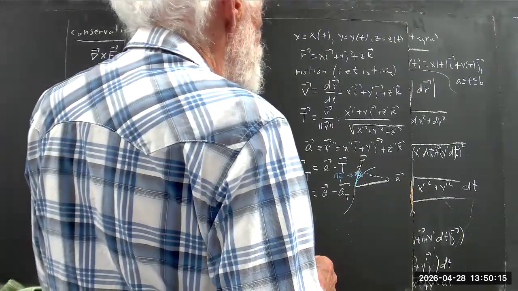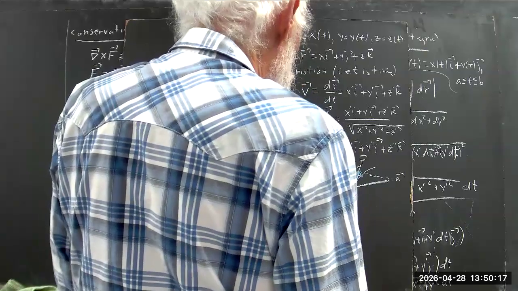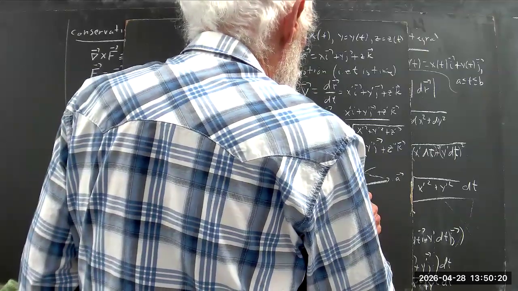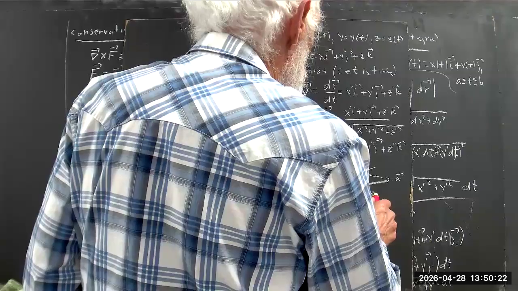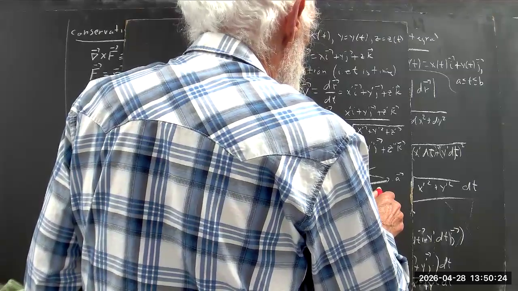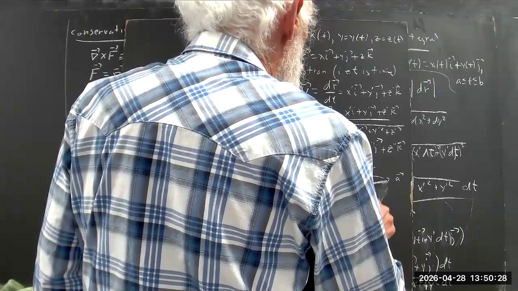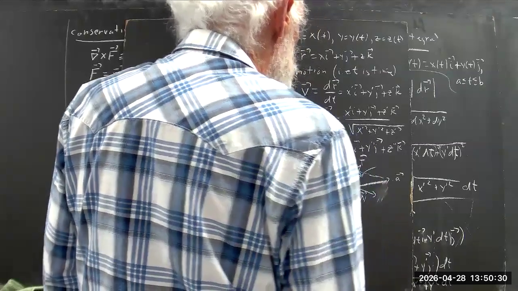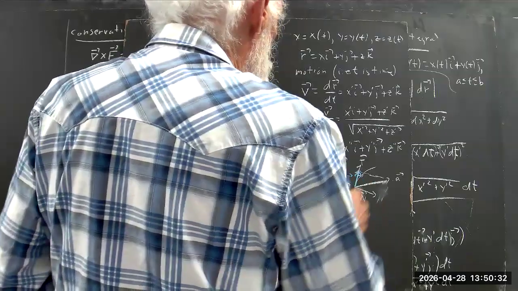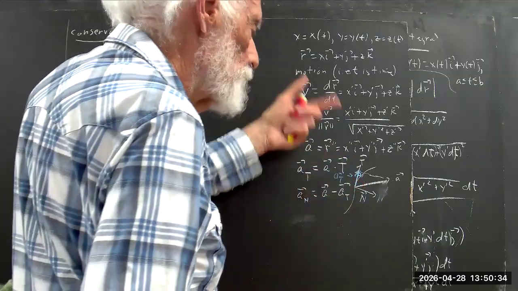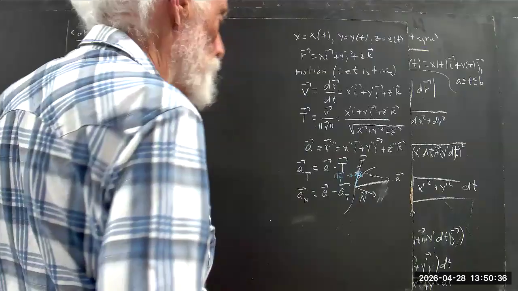Then you have the inward normal vector, the component of it which is perpendicular to your tangent vector, and it's toward the inward part of the curve.